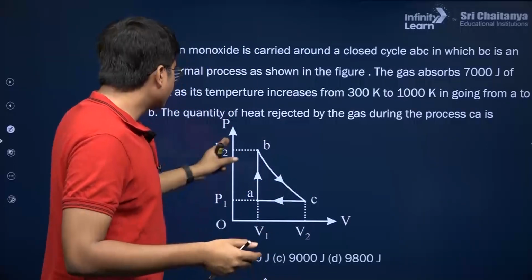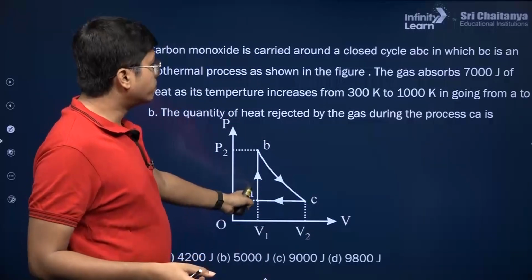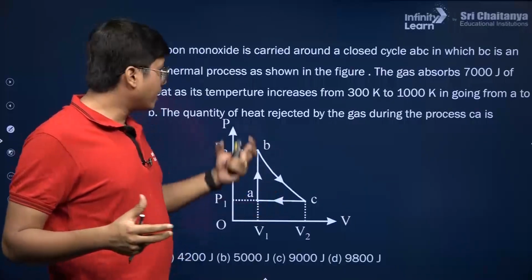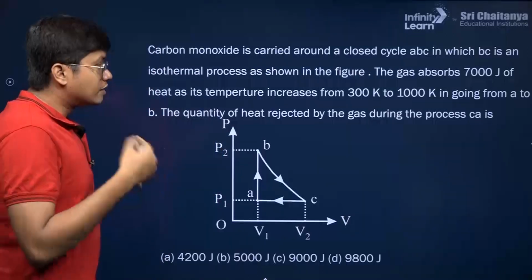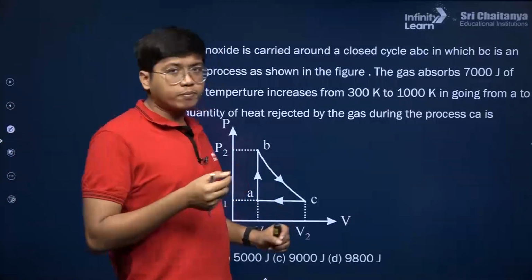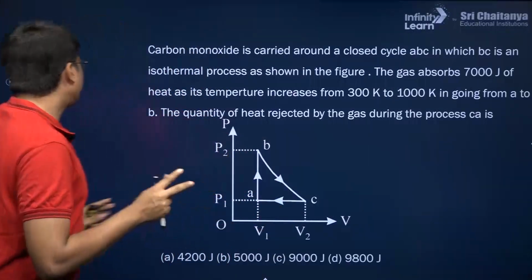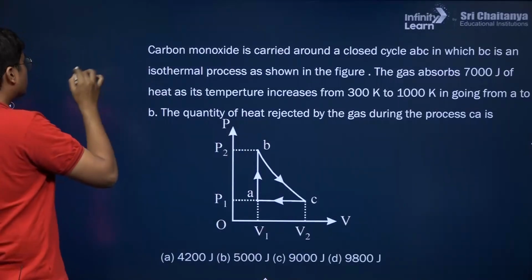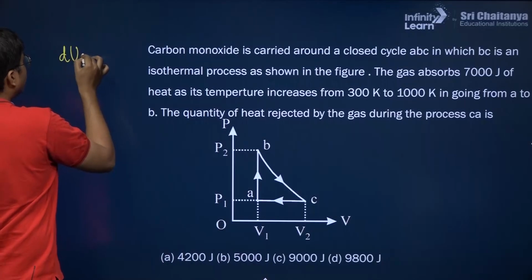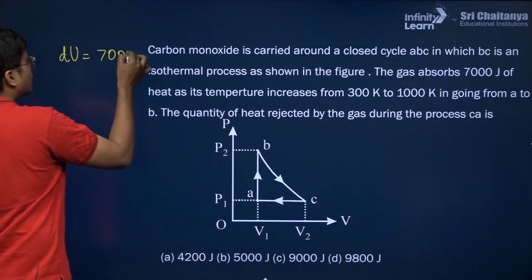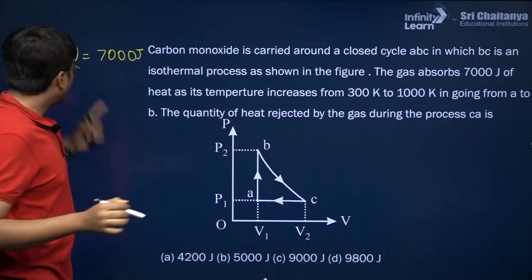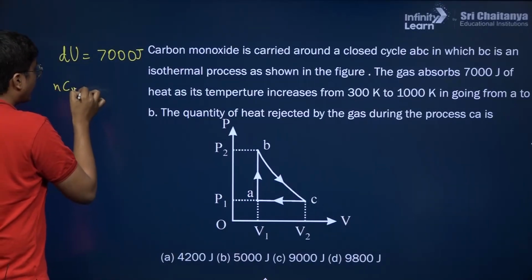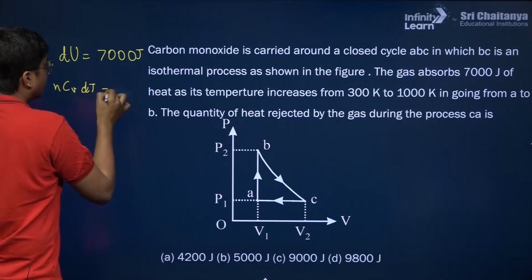So first up, here in this isochoric process, the energy that is being absorbed is 7000 joule. Since I know that this is an isochoric process, work done will be 0. So dQ would be equal to dU. So the change in internal energy would be the entire 7000 joule. Now this dU is nCv dT, and that is 7000.